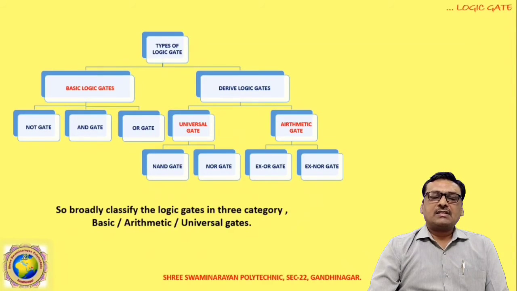Derived logic gates are called universal gates and arithmetic gates. Universal gates are further divided into the NAND gate and NOR gate, and arithmetic gates into the XOR gate and XNOR gate. So broadly, logic gates are classified into three categories: basic gates, arithmetic gates and universal gates. This was discussed earlier in a previous lecture about the types of gates.